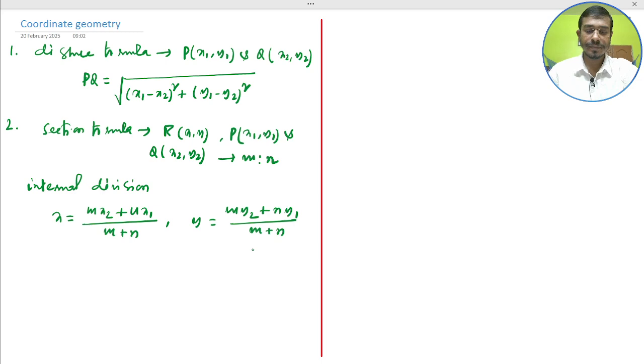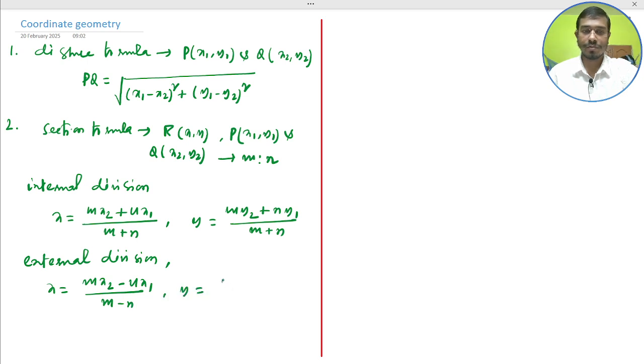Okay. Next, the external division. External division means x equal to (m x2 minus n x1) divided by (m minus n), and y equal to (m y2 minus n y1) divided by (m minus n).